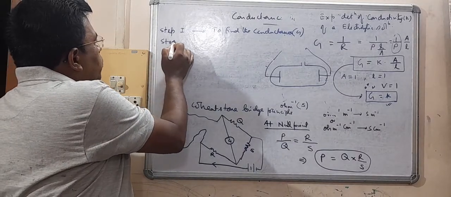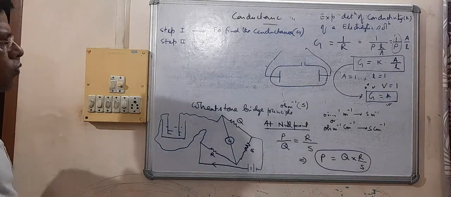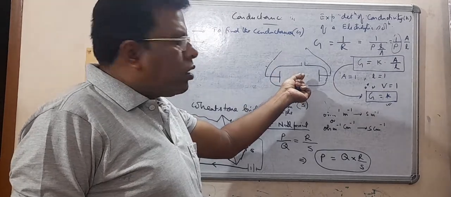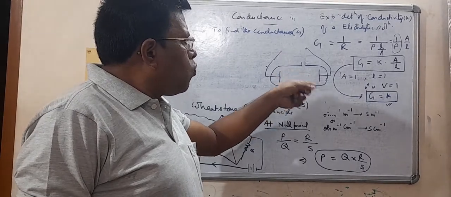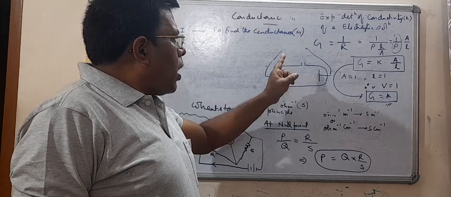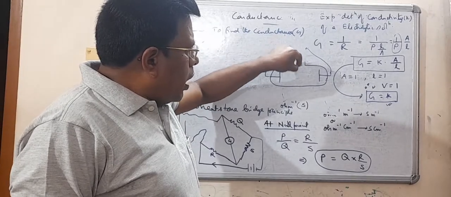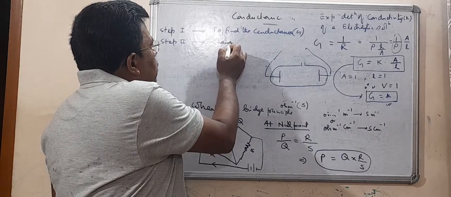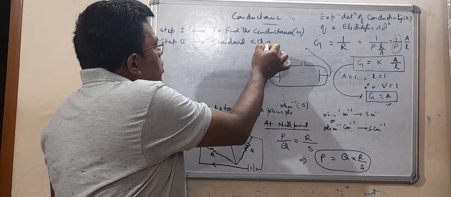Now, step 2. What is done? We take out the given electrolytic solution from here. Then we wash this conductivity cell with distilled water. After that, we take here standard KCl solution.